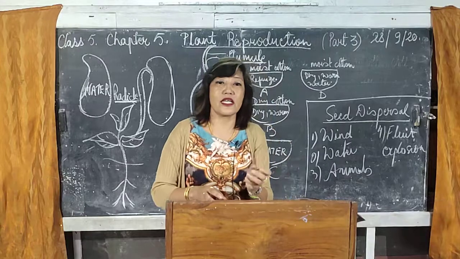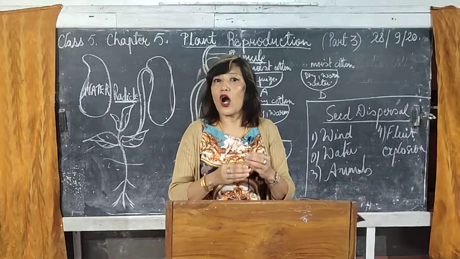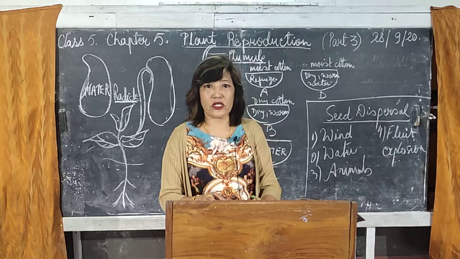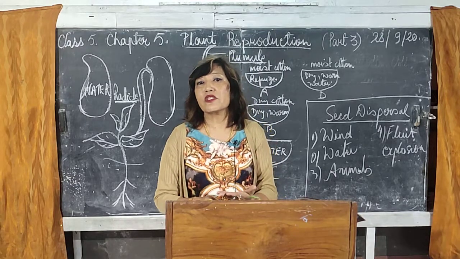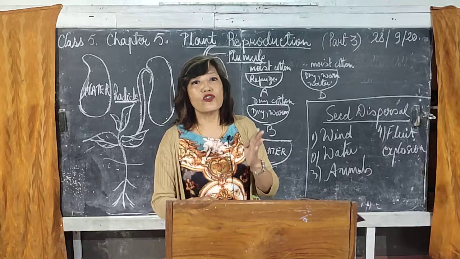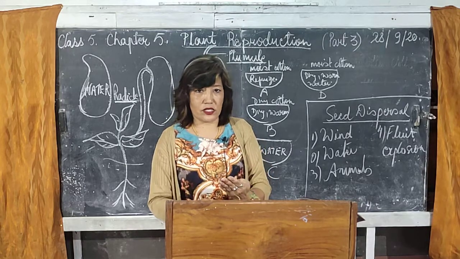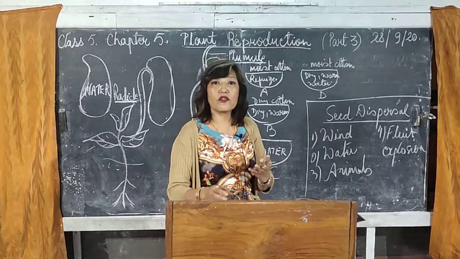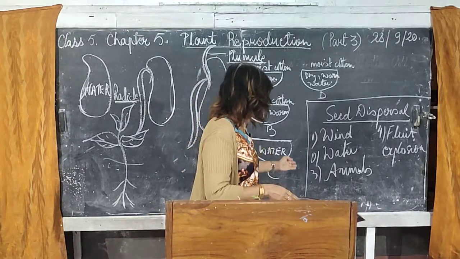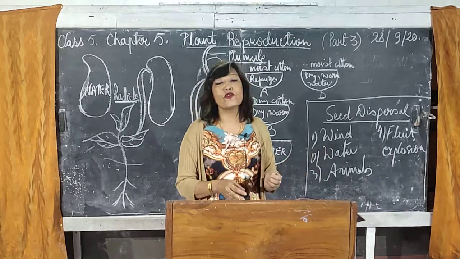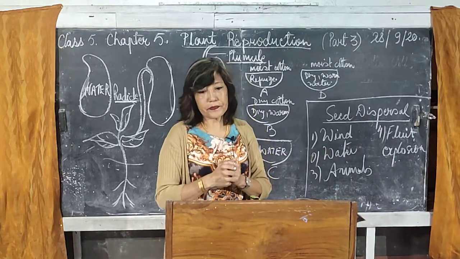Seed dispersal is the scattering of seeds away from the parent plant. But who will disperse the seeds? Now, to disperse the seeds, there are 4 natural agents. They will help to disperse the seeds, and they are wind, water, animals and fruit explosion.